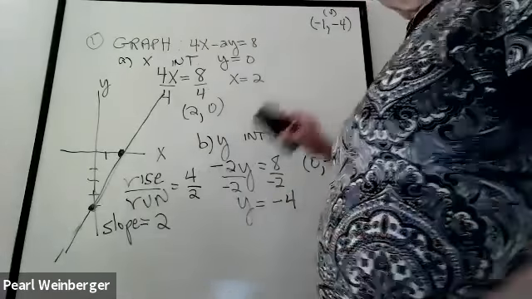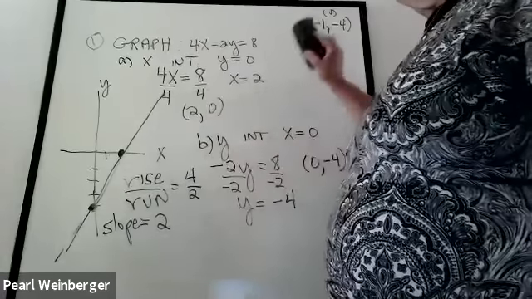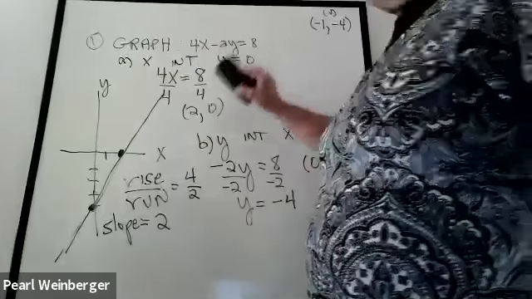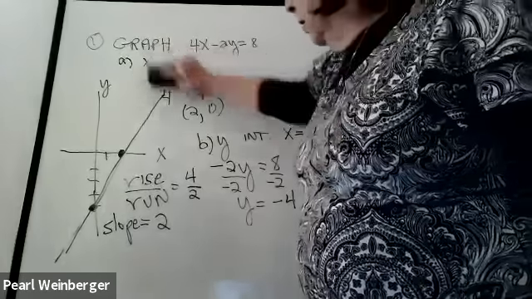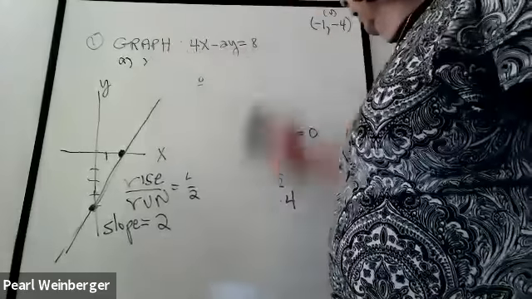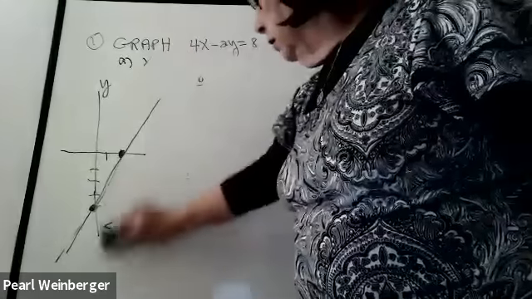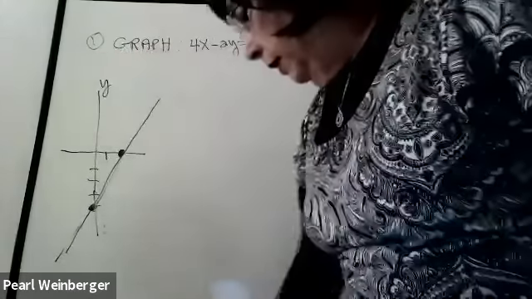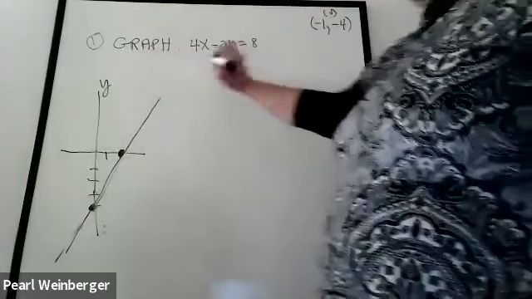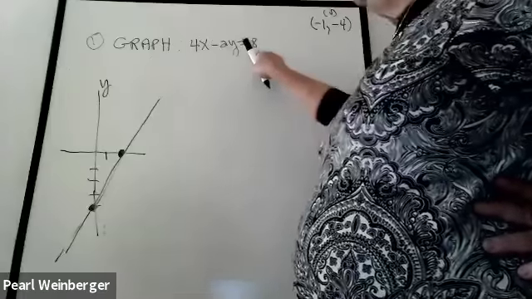I'm going to show you how I could have actually found the slope of the line by looking at the equation. So I'm going to erase this piece. And look at my equation, 4x minus 2y equals 8.